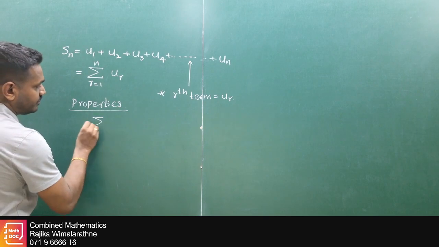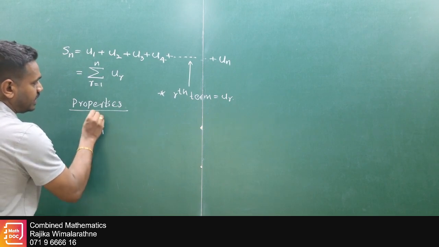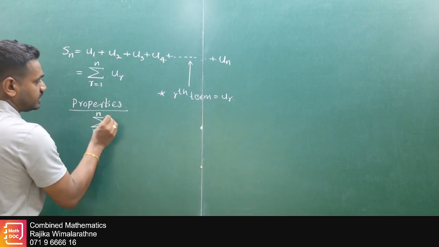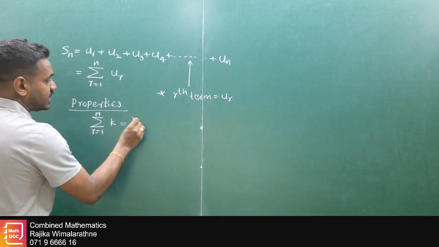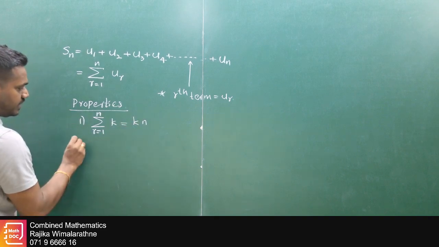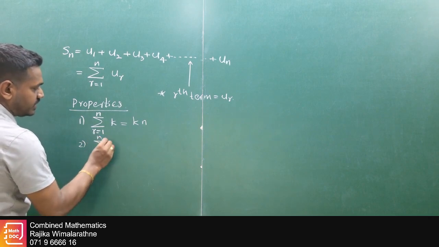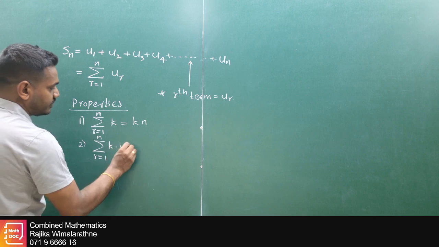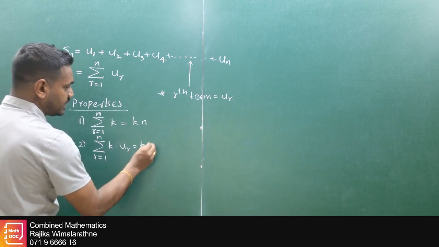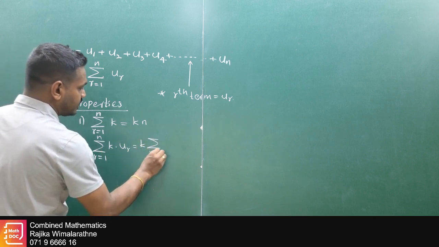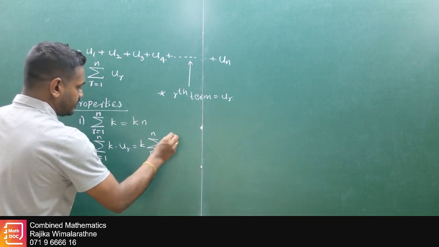Now, sigma r equal 1 to n of a constant k is k times n. Second, sigma r equal 1 to n of a constant times ur: we can take the constant outside, k sigma r equal 1 to n ur.